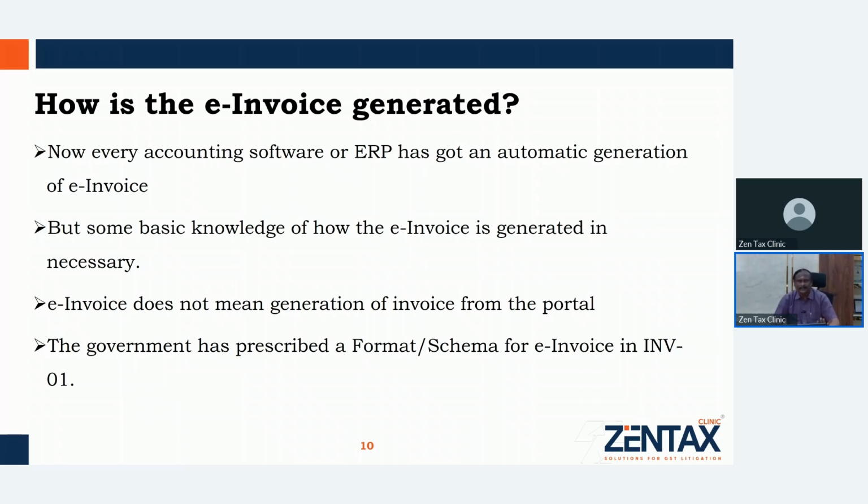Generally, whenever the e-invoice is generated, we think the data is fed into the portal and then generated. No, it is not like that. You have to give the details as contained in the INV01.